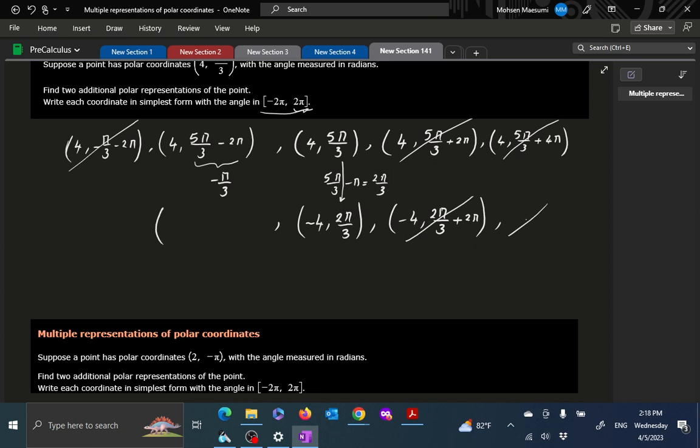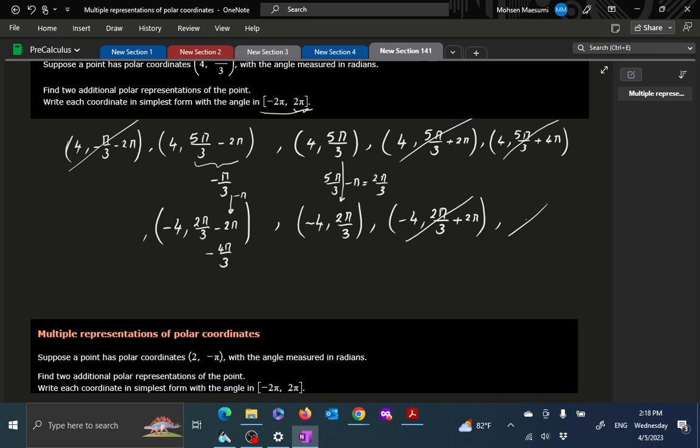So here I'm going to have minus 4, and this is going to be 2π/3 minus 2π, which when I subtract it, becomes minus 4π/3. So again, I went to the left by subtracting 2π, or you can come down this way and subtract just the π. Subtracting a π, I'll end up at minus 4π/3.